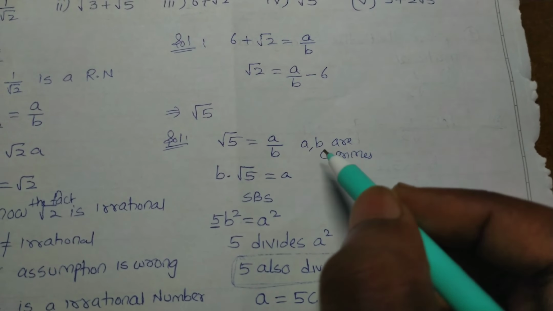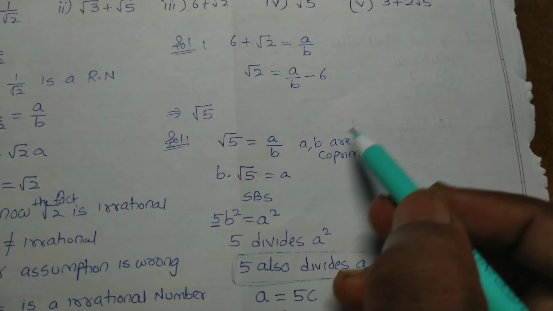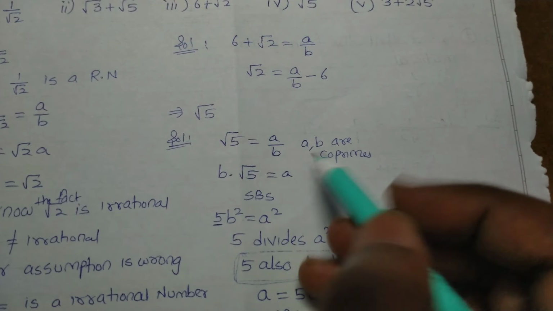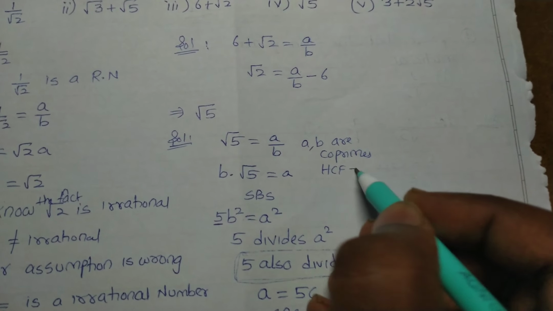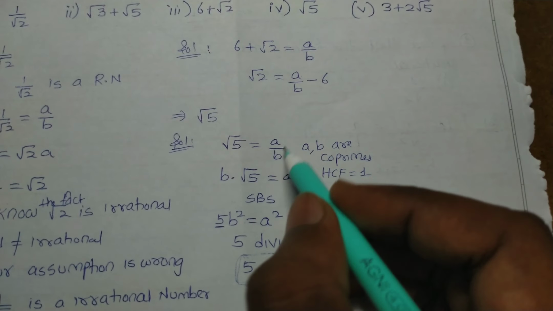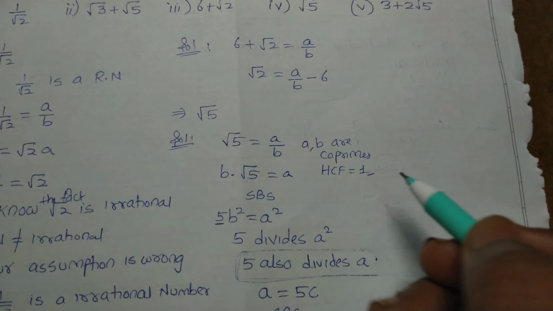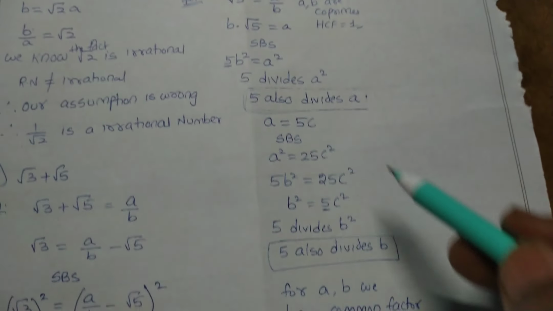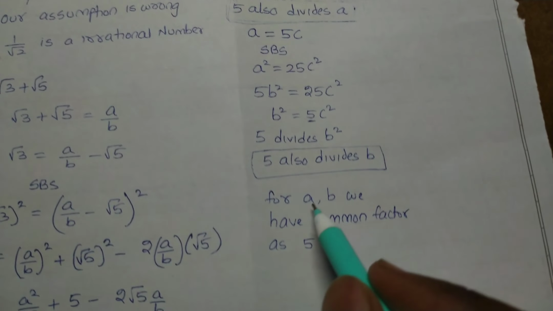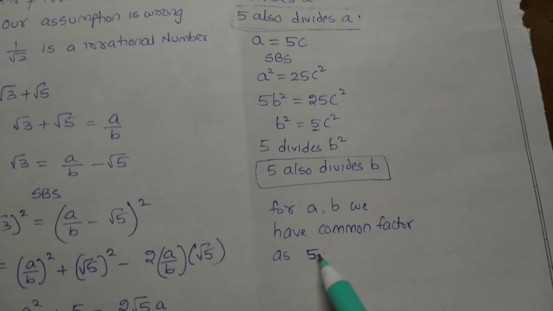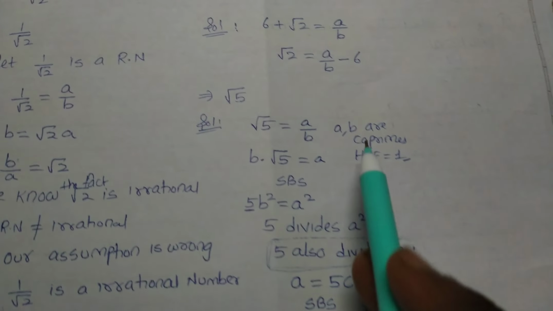Co-primes means what? They should not have any common factor except 1. That means their HCF is equal to 1. But from this what we came to know, a and b have common factor 5. That means our statement is wrong, or not?